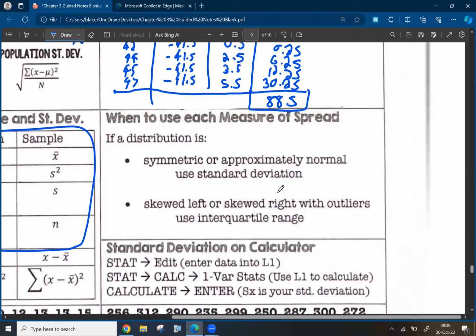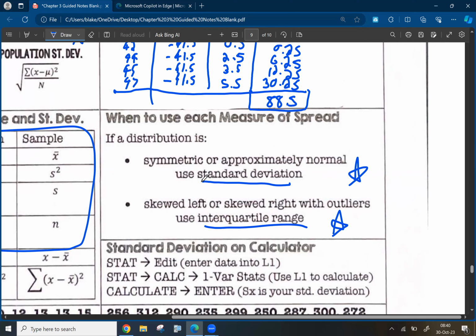And then a really important thing to remember here is when to use each measure of spread. Symmetric or approximately normal, use standard deviation, big deal. If it's skewed left or skewed right, you're going to use IQR, big deal. If you ever have to do SOCS, asking for shape, outliers, center, spread, when you calculate spread, you'll have to use the correct version.